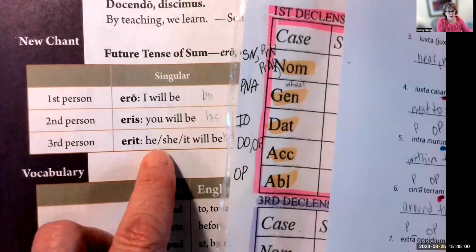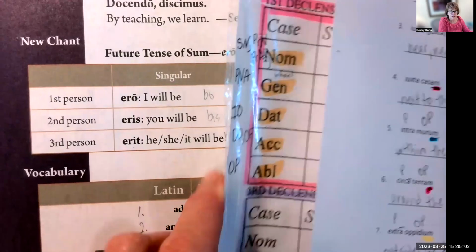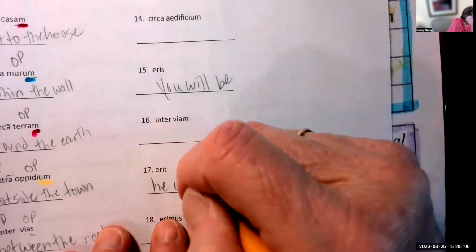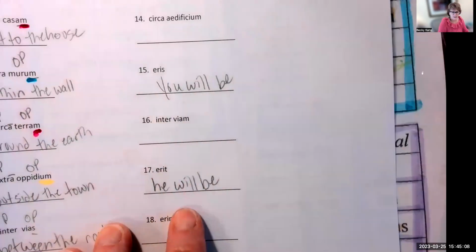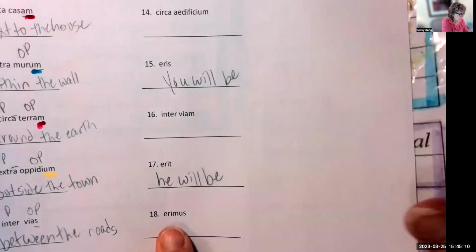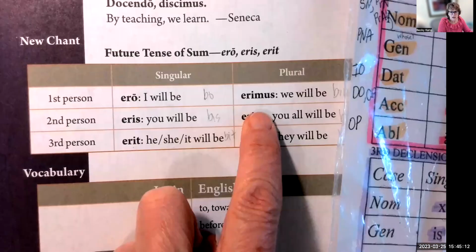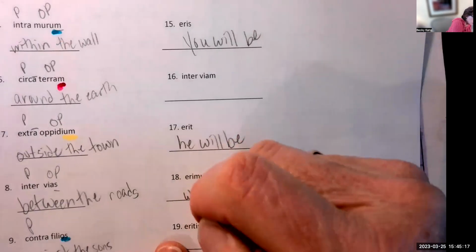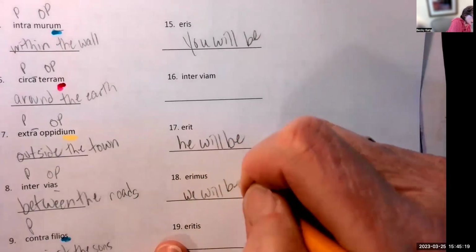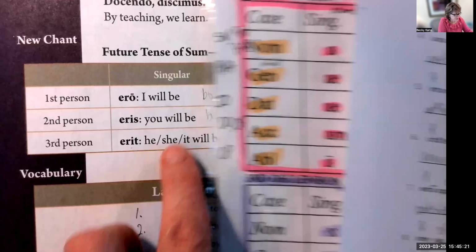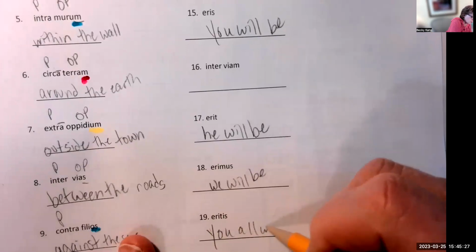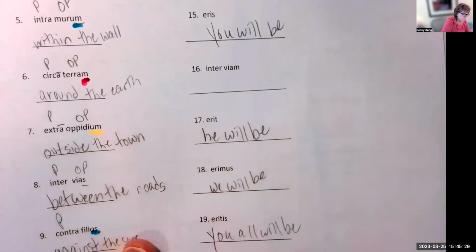Erit. He will be. Now, you know it could be she or it will be, but I picked he. Then erimus. What is that one? We will be. Write it down. And then number 19, eritis. You all will be. Write it down. All right.